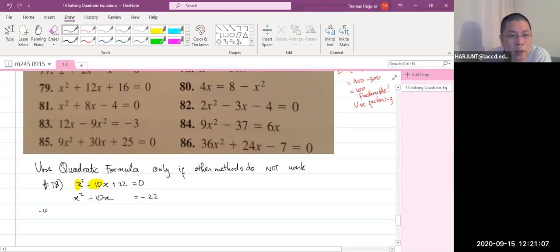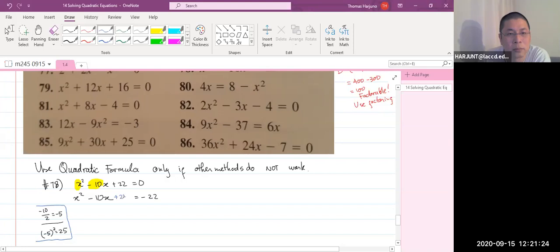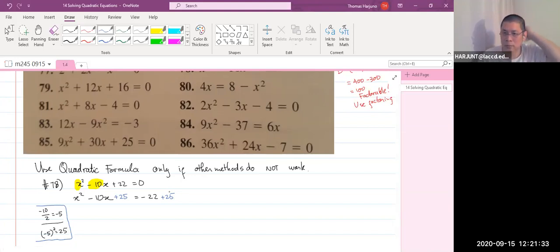Negative 10 divided by 2 is negative 5, and then square it. So I will add 25 to both sides. Now it becomes a perfect square.